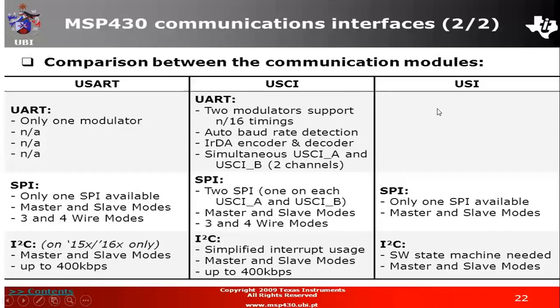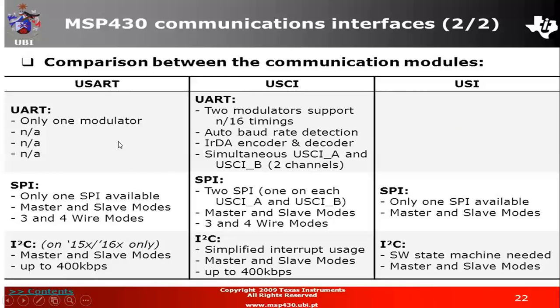So that is the comparison between USART, USCI, and USI regarding UART. In USART, only one UART module; in USCI, two UARTs; in USI, no UART.